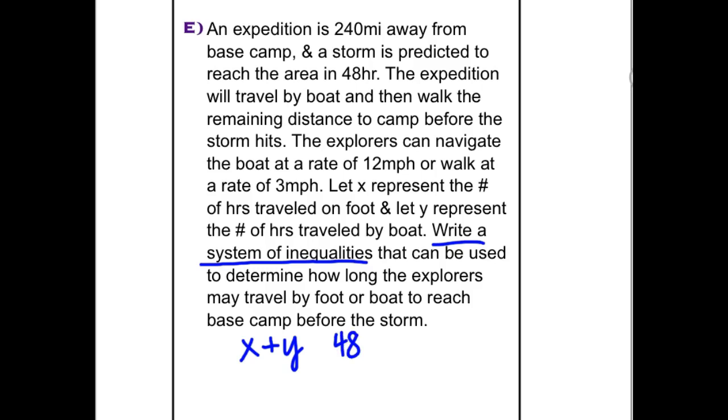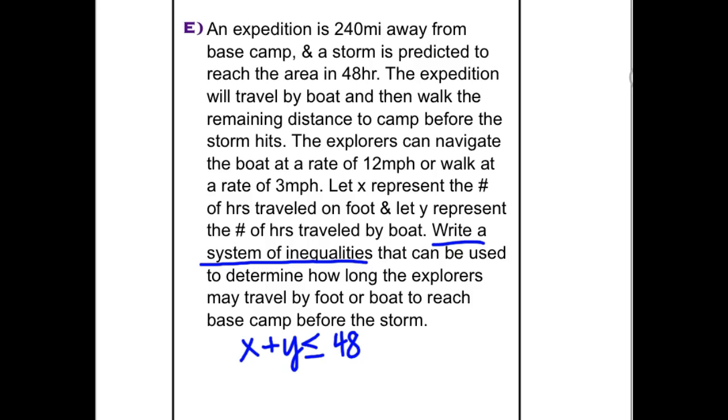However, they don't have to get there in exactly 48 hours. They have to get there before the storm hits. So if they get there in exactly 48 hours, they will be getting there as the storm is hitting, which is okay, because they will be safe. But if they get there in more than 48 hours, they're going to have to travel through the storm, which they don't want to do, which means that it has to be less than or equal to 48.